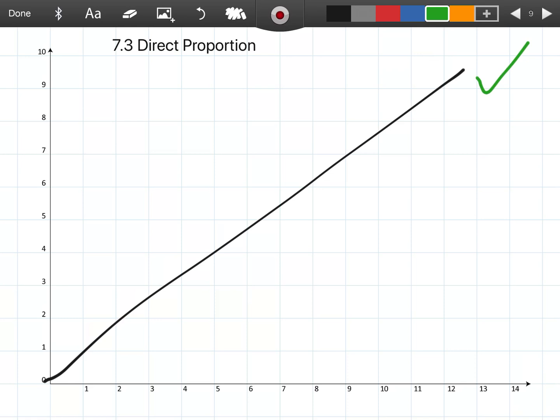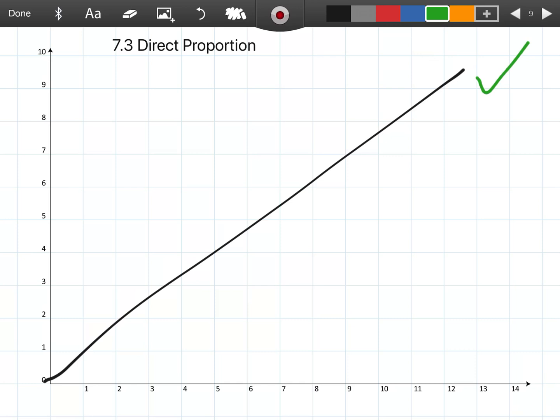And that means, what direct proportion means is if I had twice as many people in my last example, then I'd need twice as much flour. If I had half as many people, I'd need half as much flour. And this straight line through 0, that tells me I'm in that sort of situation.